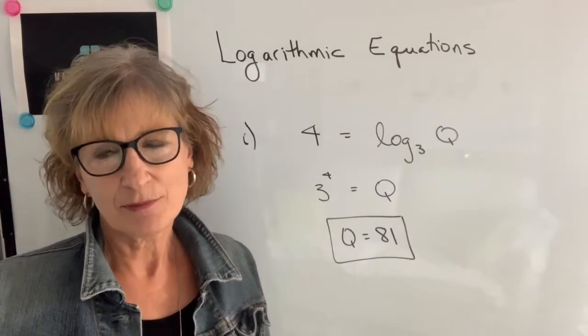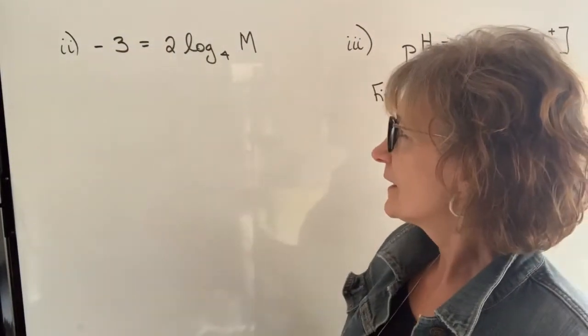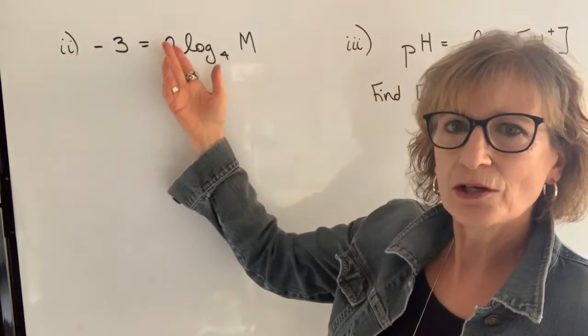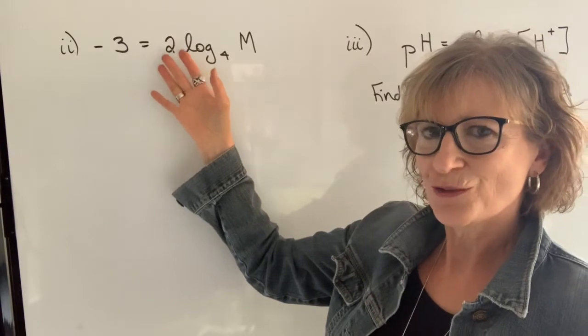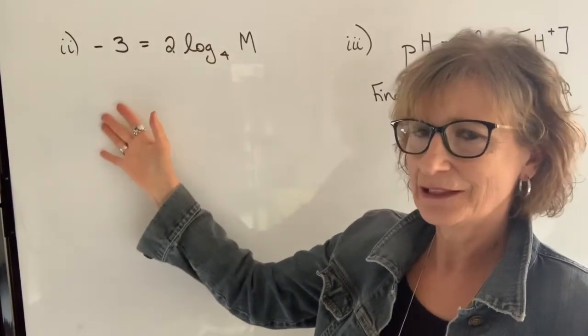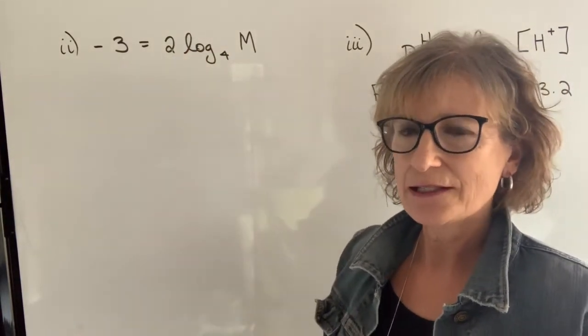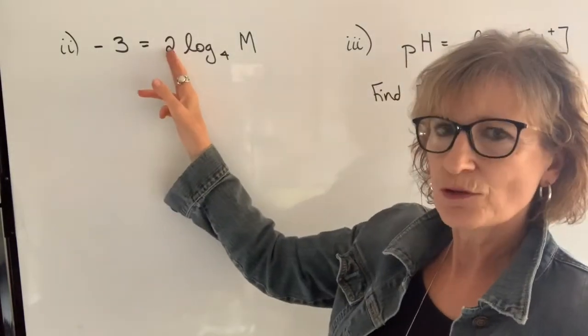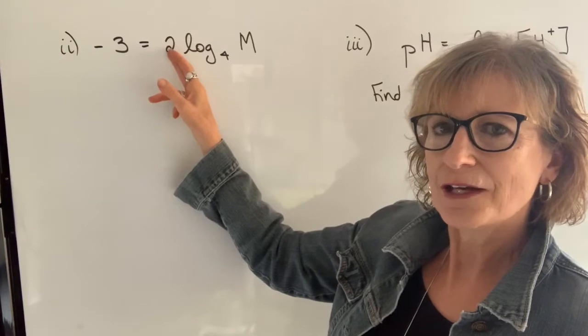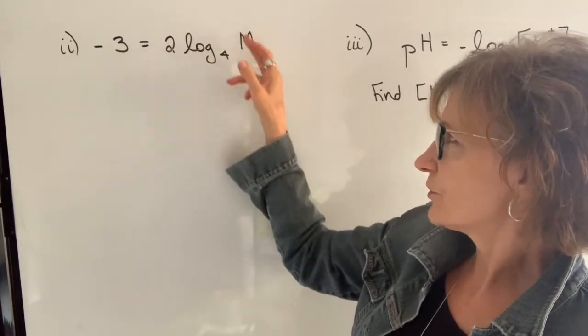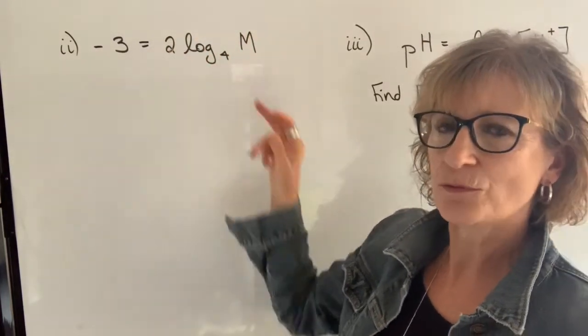Let's look at some that are more challenging. In my second example, I have a coefficient in front of my log term, and we can't go into exponential notation when that's there. You can't simply plug in the way we did in the last example. You have to deal with this coefficient. Two options. You can either use your properties of logs and make this whole expression on this side log of m squared, base 4.